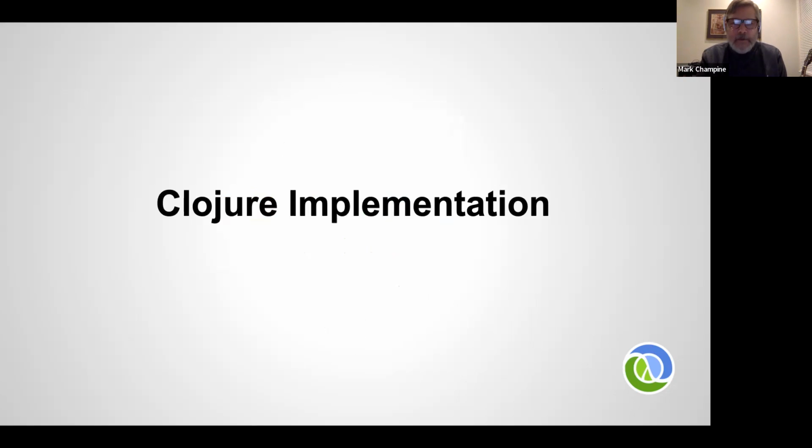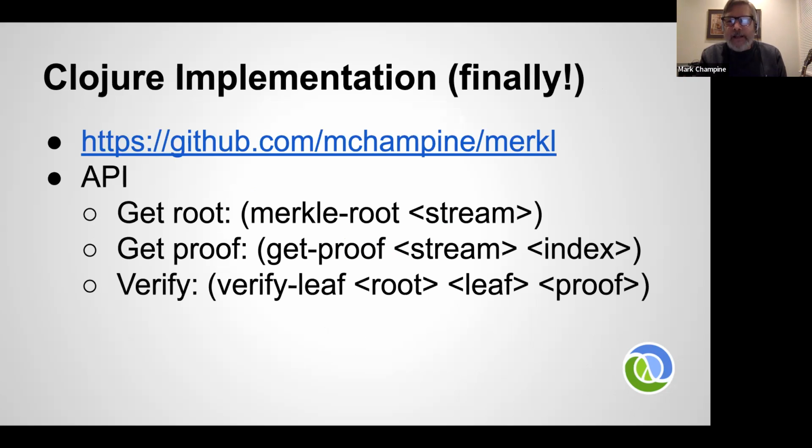Okay, so let's look at Clojure finally. Since this is a Boston Clojure meetup, got to have some Clojure. This is online at my GitHub site. I created an API that really just has 3 main elements.